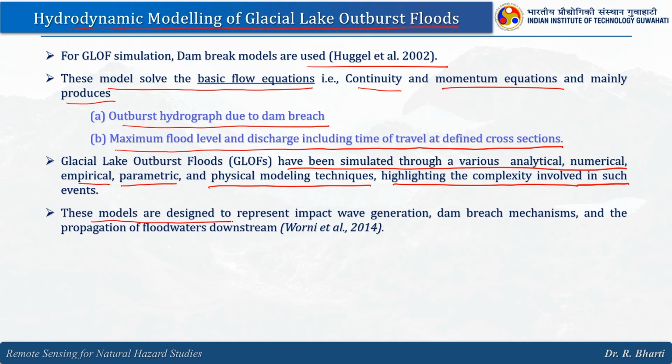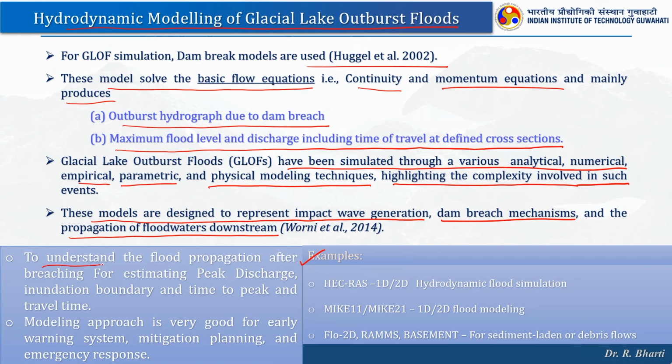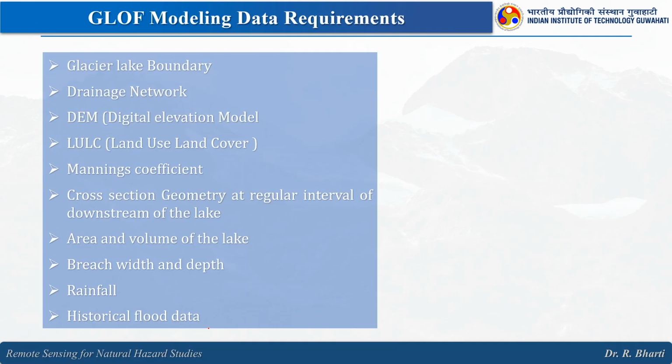These models are designed to represent impact wave generation, dam breach mechanism and propagation of flood water downstream. Here you can see different models are available. To understand the flood propagation after breaching, for estimating peak discharge, inundation boundary, time to peak and travel time, it is used. The modeling approach is very good for early warning systems, mitigation planning and emergency response.